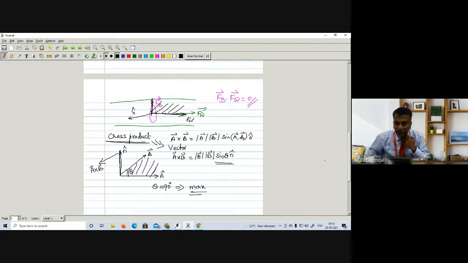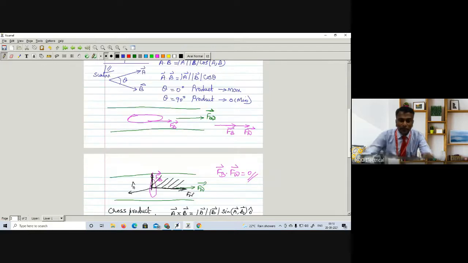At the same time, in this case, the boat is in the same direction and the water flow is also in the same direction. The effect of friction acting on the boat is 0, minimum, because theta is equal to 0.